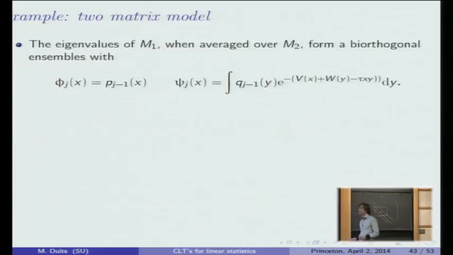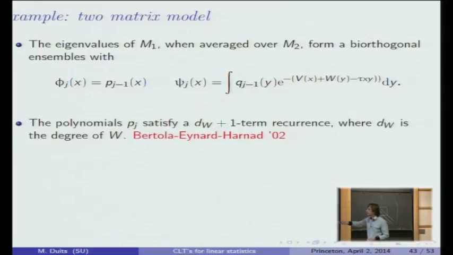So maybe I should say, when I look at only the eigenvalues of one matrix M1, when I average over the second, I get a biorthogonal ensemble where these functions phi j are constructed like this. And maybe just say that these polynomials Pj actually satisfy a dw plus 1 recurrence, where d is the degree of w here. Phi and w are polynomials.